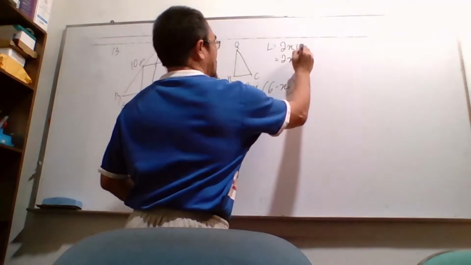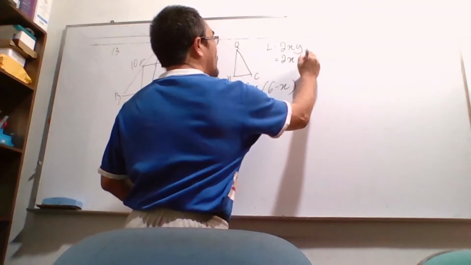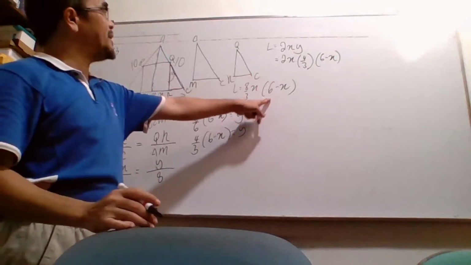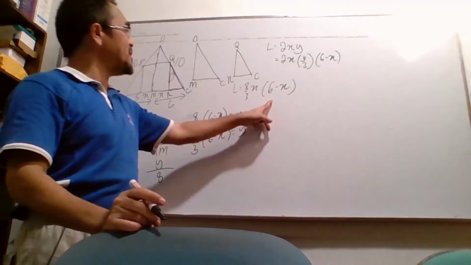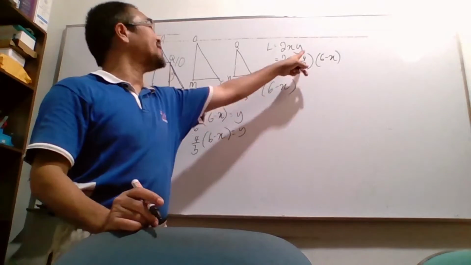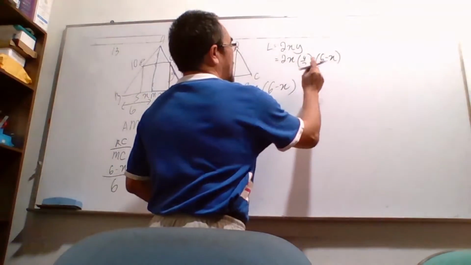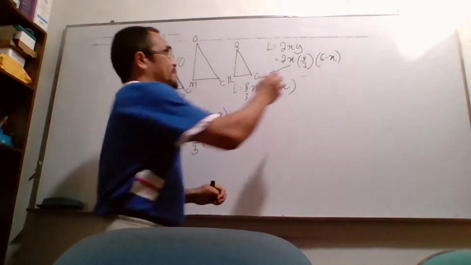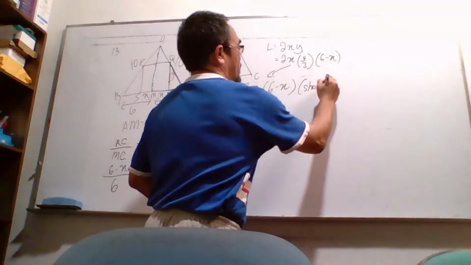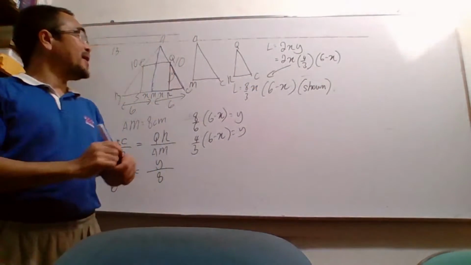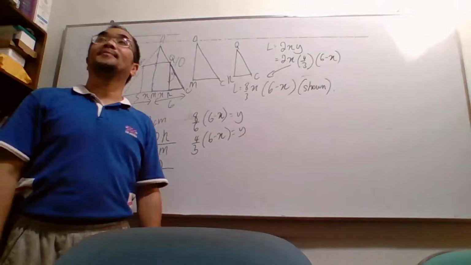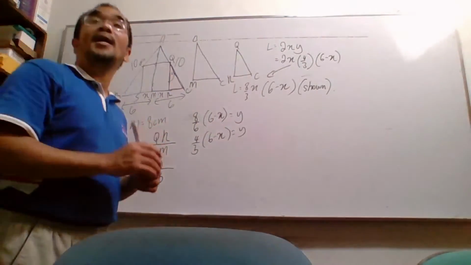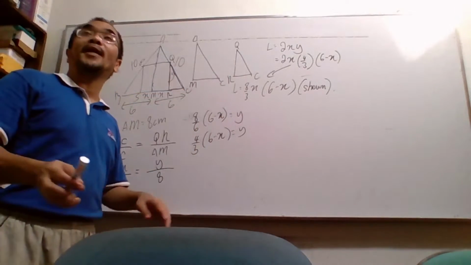So 2 times 4 over 3, 6 minus x. Is it possible to do it like this? Okay, this is equal to this. We multiply 2 times 4, so it becomes this. If you multiply, it becomes 8 over 3x, 6 minus x.